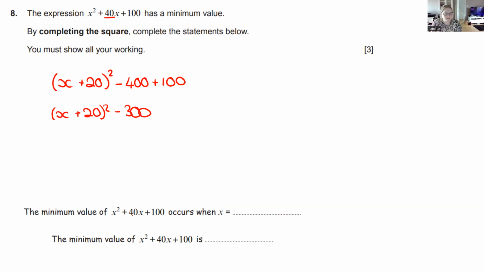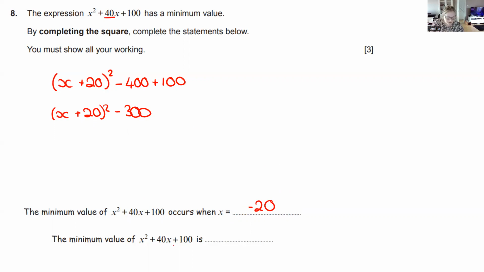Now the minimum value of x, well, the same statement that we just used, because we use nothing from above, occurs when x equals. So if it's x plus 20 here, we're going to do minus 20, okay? Because we're making that bracket 0 essentially.